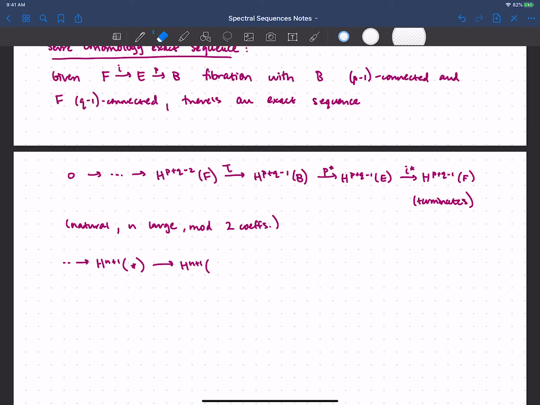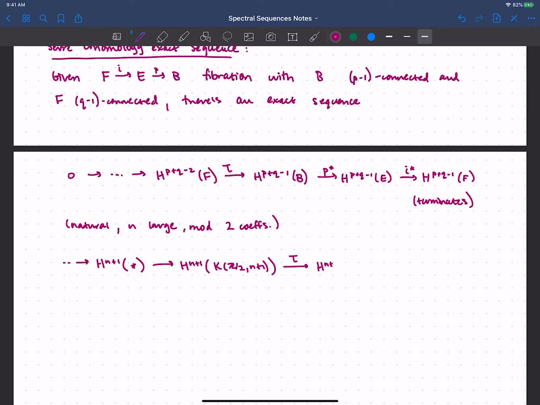That was K(Z/2, n+1). Okay, and that's why I want to use (n+1)st cohomology, because that's where my iota_{n+1}, my fundamental class, lives. Then I should have my connecting homomorphism, or my transgression, mapping to the cohomology of the base.